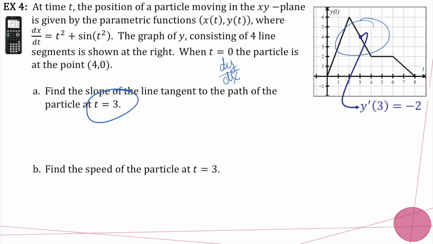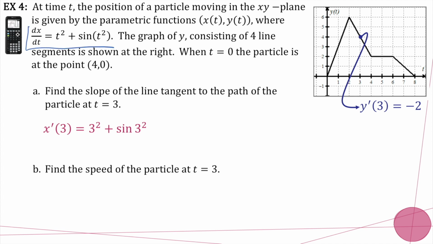So there's my dy. And my dx, since they've already given us the derivative, we just have to plug in 3 to that. So my dy/dx is negative 2 over (9 plus sine 9). If you pop that into your calculator, you get negative 0.21249.